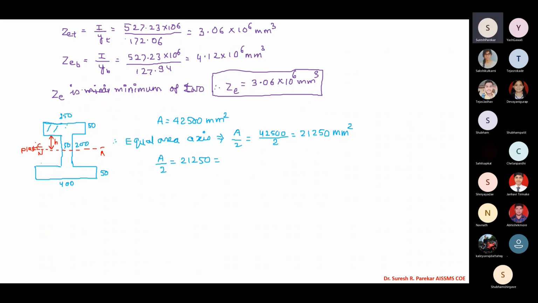We have to take now area above this area. So we have equal to 250 into 50 plus 50 into H. And from this we will get value of H equal to... How much did you get?